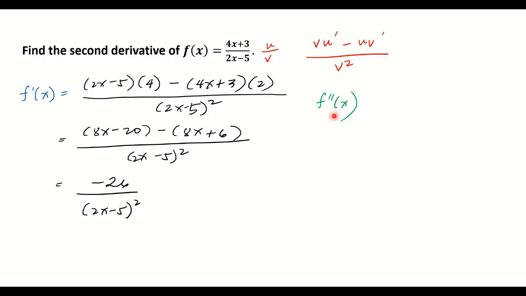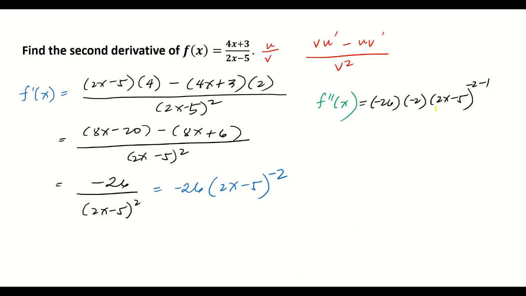To get the second derivative, we just need to get the derivative of this answer. So let us write this first in negative exponents. This can be written as negative 26 times 2x minus 5 raised to negative 2, so that we can apply chain rule in this function to get the second derivative. Applying chain rule, we have negative 26 times negative 2, and then let's copy the inside function, and then this is negative 2 minus 1.